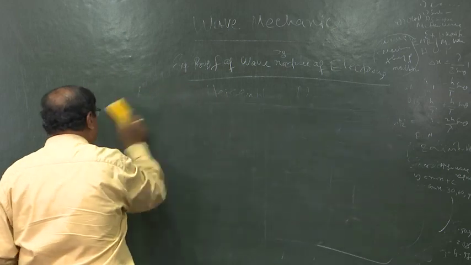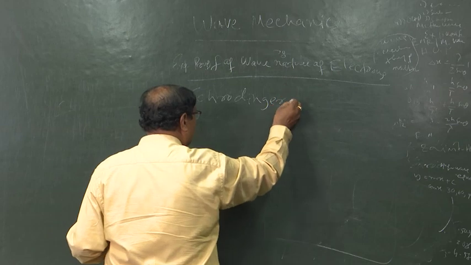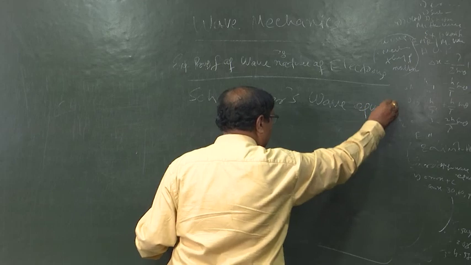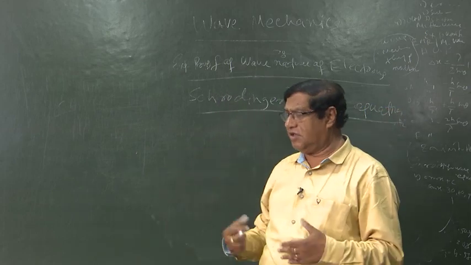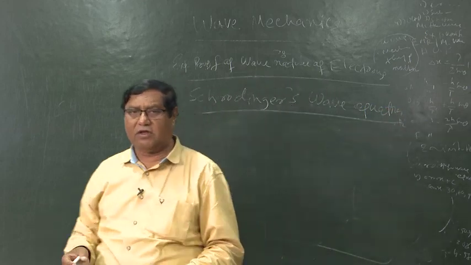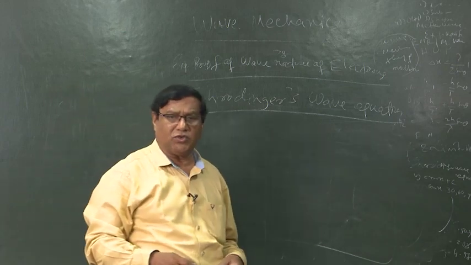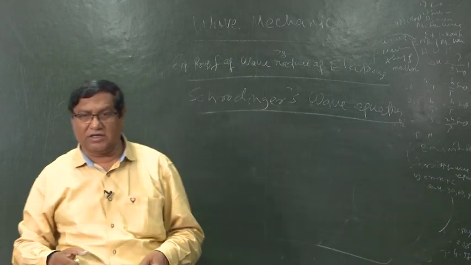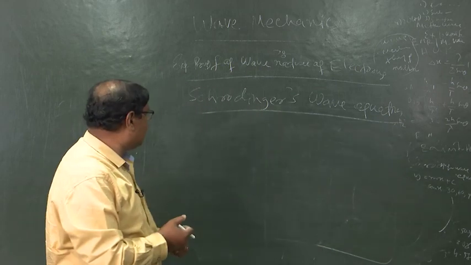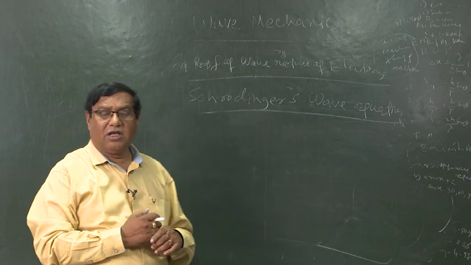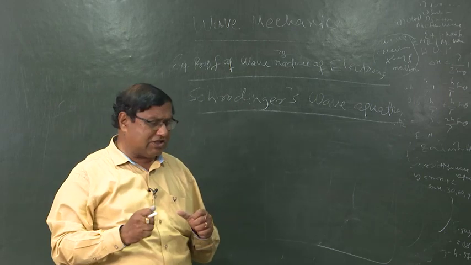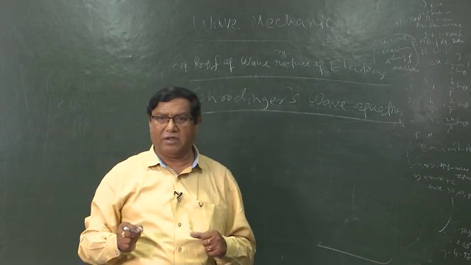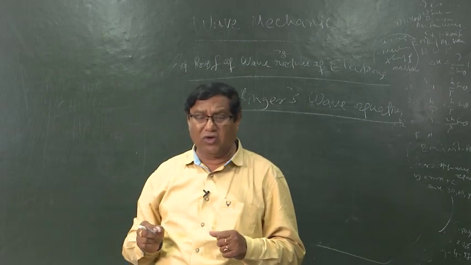The third part is Schrodinger's wave equation. After the discovery of matter waves, the idea struck Schrodinger that if a material particle is associated with a wave, then it must have a certain wave equation.